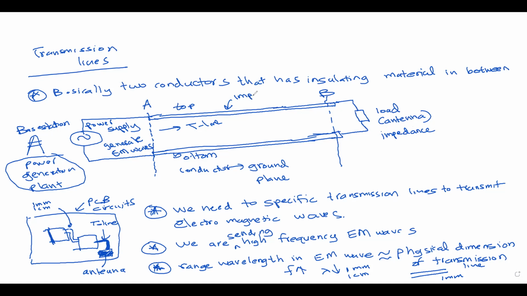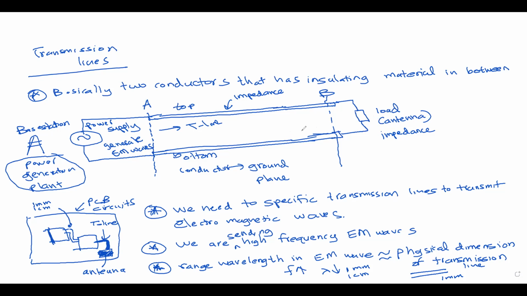Once we have this kind of scenario, the impedance will have to be matched, right? If we do not match the impedance between the transmission line and the load impedance, then problems occur. Problems means power losses can occur, and therefore we might not be able to deliver the maximum energy through our transmission line to the load.